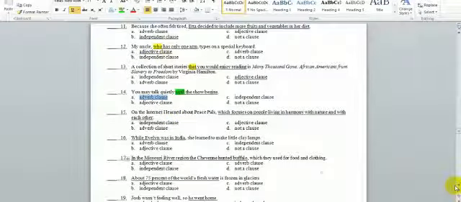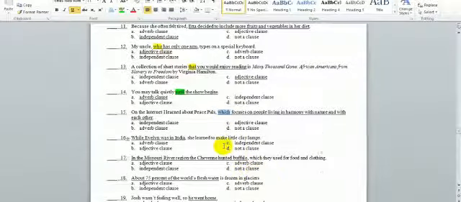Let's go to number 15. On the internet, I learned about peace pause, which focuses on people living in harmony with nature and with each other. Alright, it started here with which. Which is a relative pronoun here.